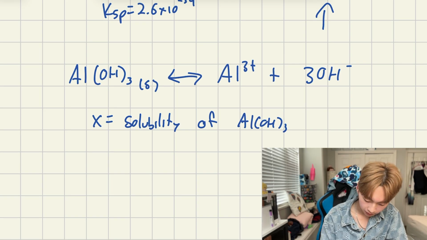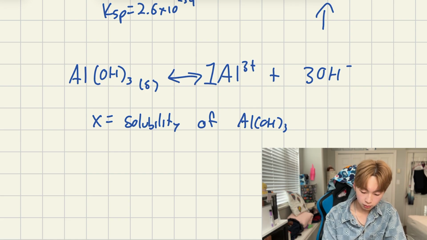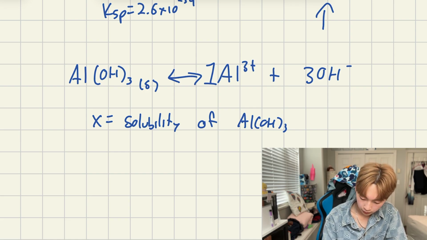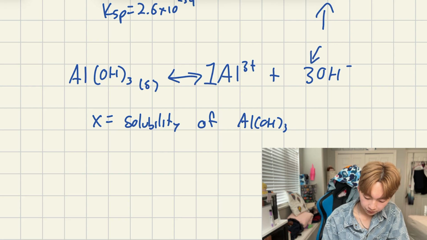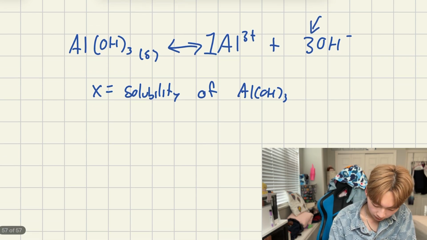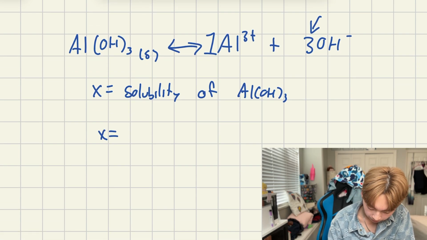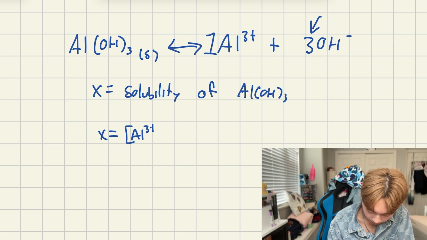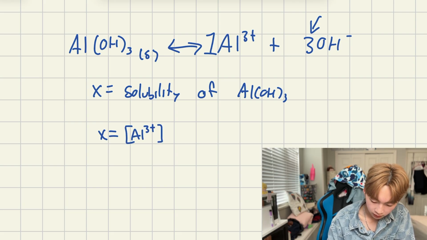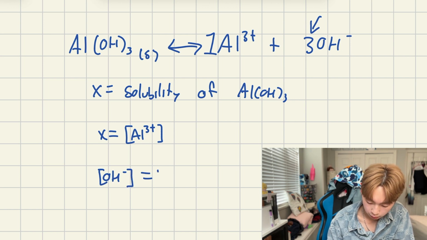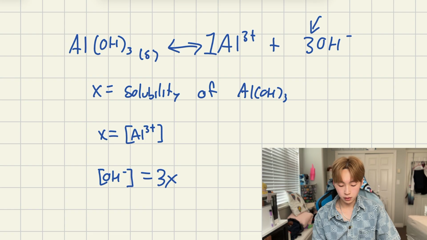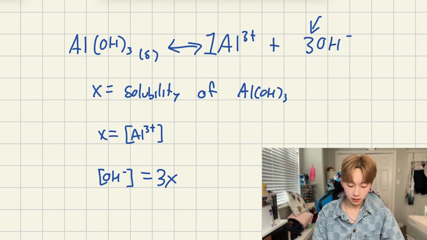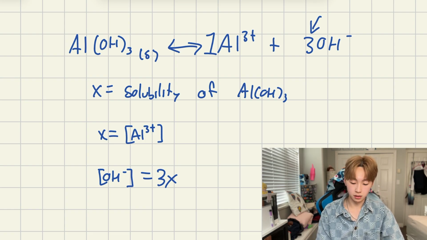And here's the tricky part. So you see that we have a 1 in front of the Al3+ as a coefficient, but in front of the OH- it's a 3. So what this means is our solubility is going to be equal to the concentration of Al3+, but then our concentration of OH- is actually going to be equal to 3x, because if you look at our equation, it's going to be 3 times as much as your Al3+ because of the coefficients.